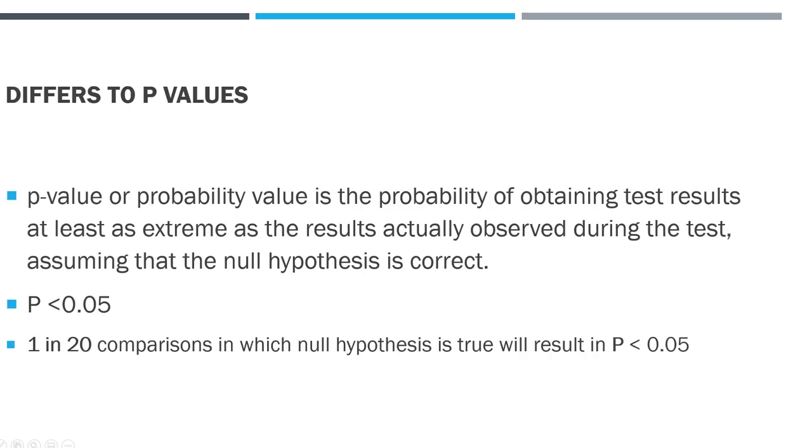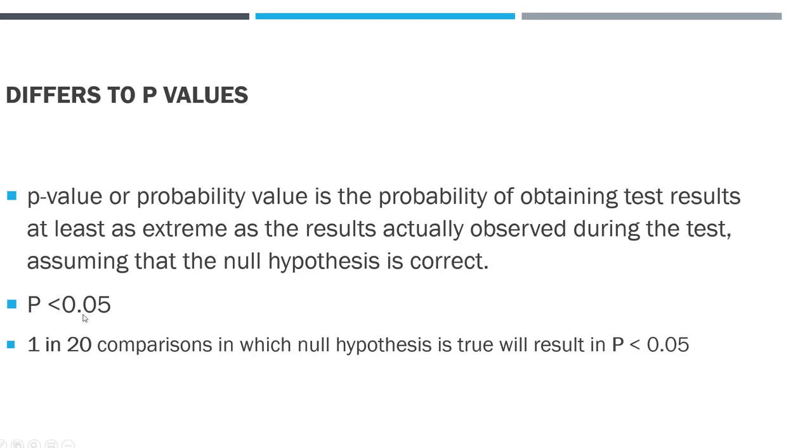Now, a p-value or probability value is the probability of obtaining a test result at least as extreme as the results actually observed during the test, assuming that the null hypothesis is correct. So we don't want the null hypothesis to be correct. This is why we want the p to be as small as possible.